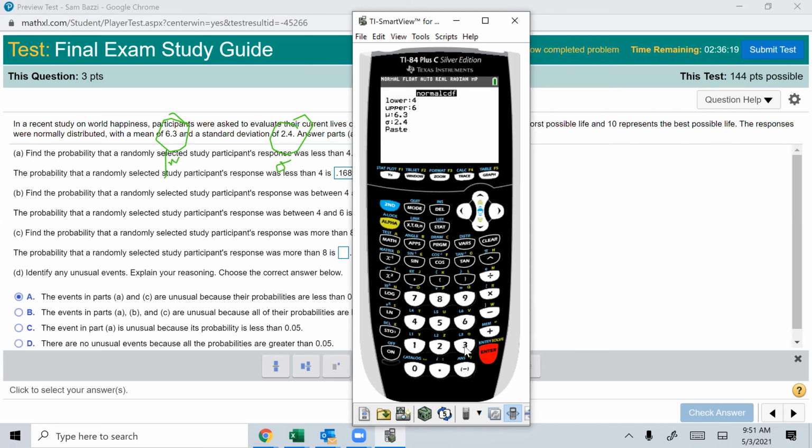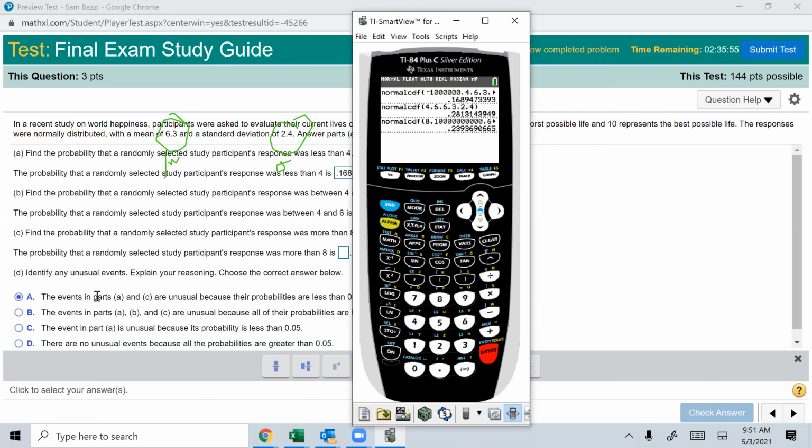More than 8, so 8 and up. Your lower will be 8 and your upper will be the sky is the limit. See, I put as many zeros as I want. Don't change the mean and the standard deviation because they're all from the same question. 0.23936. Okay, so you put that in there.